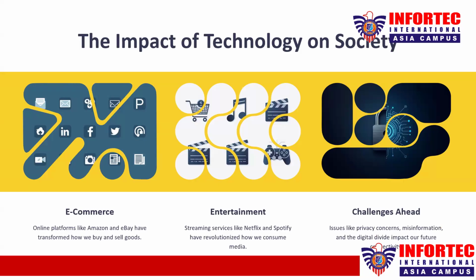When it comes to society, we have different sectors to understand. We have e-commerce, entertainment. When it comes to e-commerce, we call it electronic commerce, where you do online purchasing, online selling and all, we put under e-commerce.